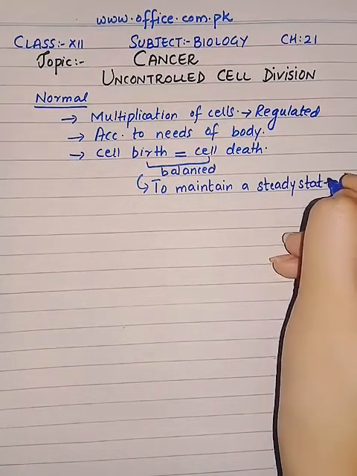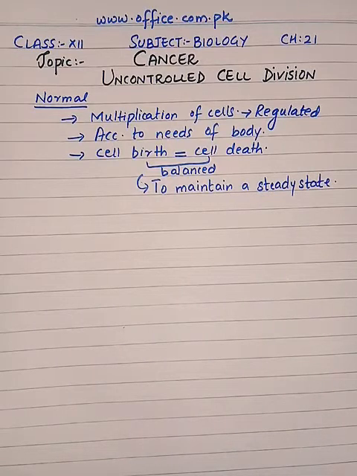In order to maintain a steady state or balance, there must be a balance between cell birth and cell death.